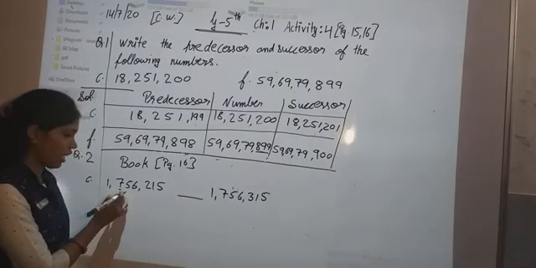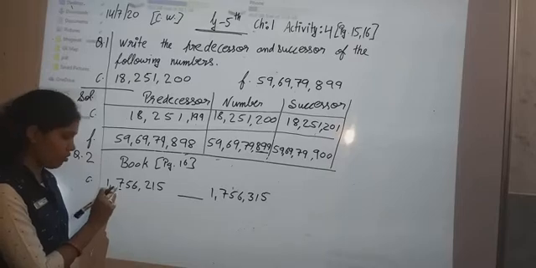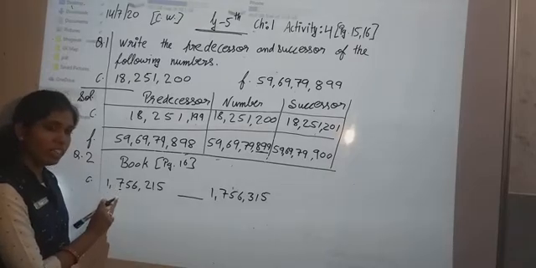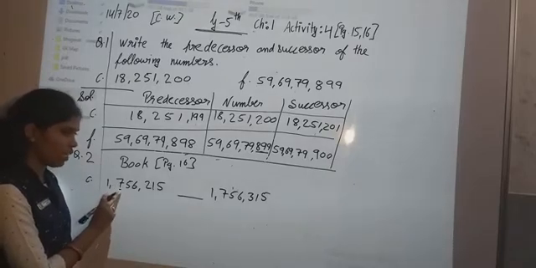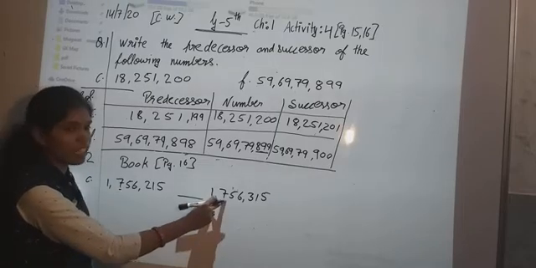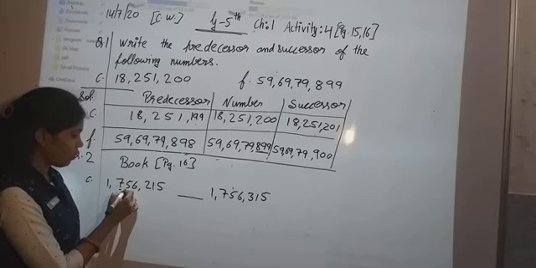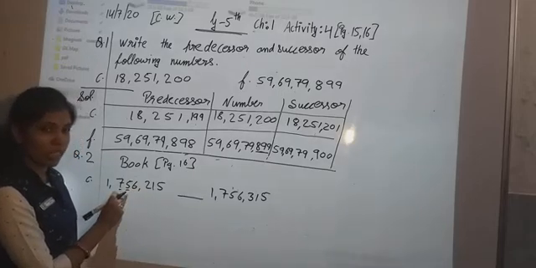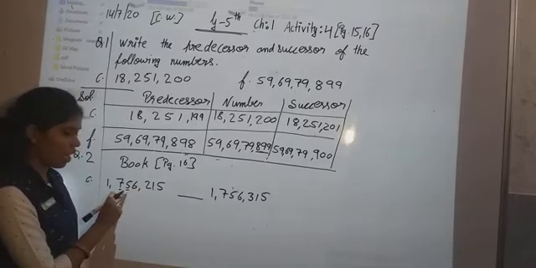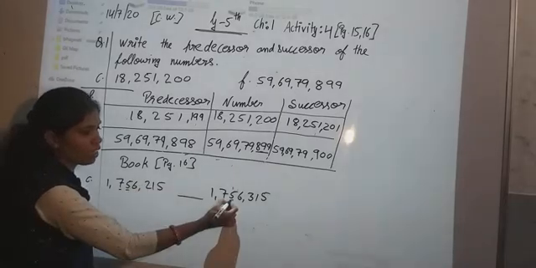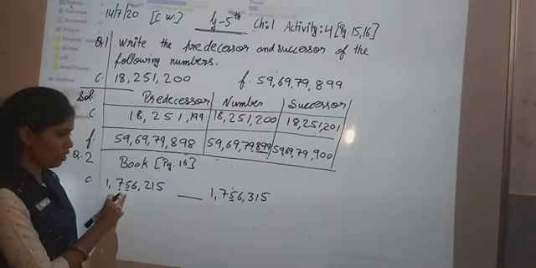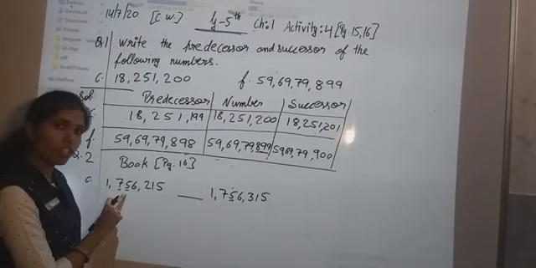So we will come to the 100,000s place. We have 7 here and again we have 7. So we can't compare which one is greater. So we will come to the 10,000s place. We have 5 here and also we have 5 at the 10,000s place. So we can't compare, both are equal.